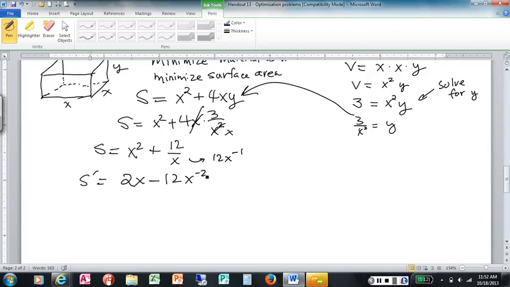I just use the power rule on that. Either way you want. Which is 2x minus 12 over x squared. Is this okay? So the critical number, where the derivative does not exist, x is 0. That one's out. So I'm just going to set this equal to 0.